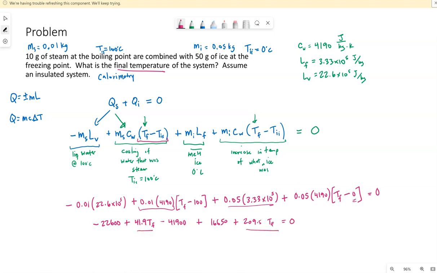So I'm going to combine my T final terms. And then my other terms.